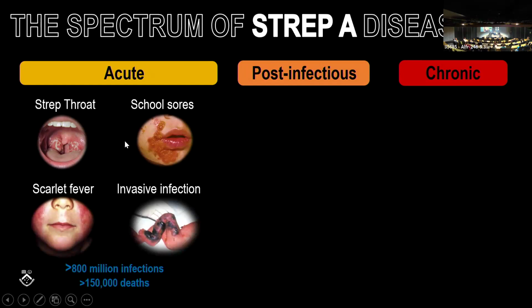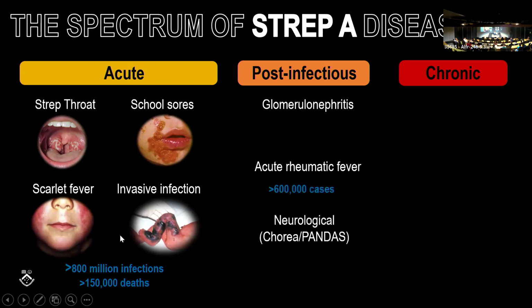It can get past that mucosal tissue and cause systemic diseases, things like scarlet fever, and some really nasty invasive infections, things like toxic shock or necrotizing fasciitis that have up to 60% fatality rates once you present with that condition. So across all of these, it's about 800 million infections happening around the world every year and 150,000 deaths.